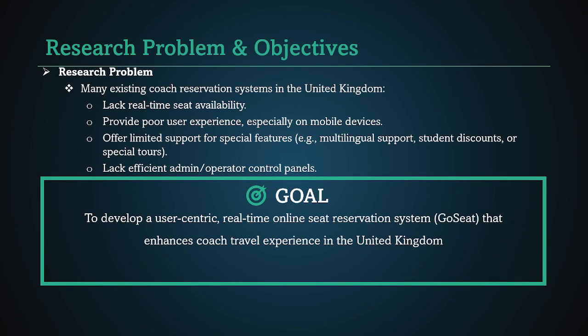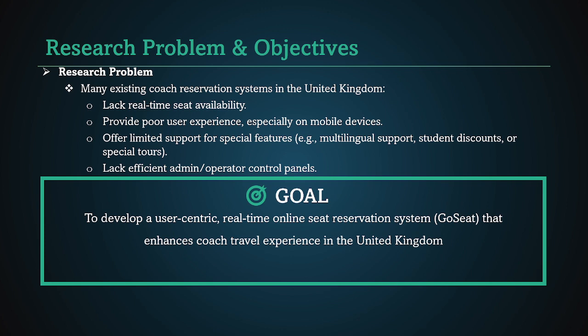Now move to research problems and objectives. The problem is that current coach booking systems in the UK are not very user friendly. They don't have real seat availability. They have the features, but in my opinion, it's poor.